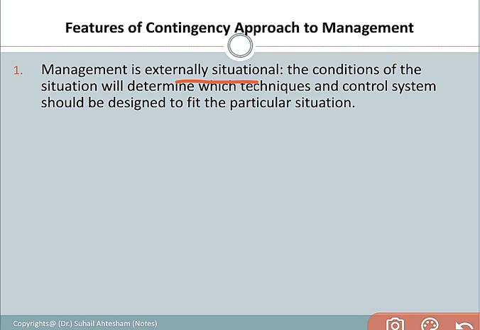The conditions of the situation will determine which techniques and control systems should be designed to fit the particular situation. So according to the particular situation, there must be a particular design and a particular plan from the manager to the subordinates. So management is extremely situational, right?